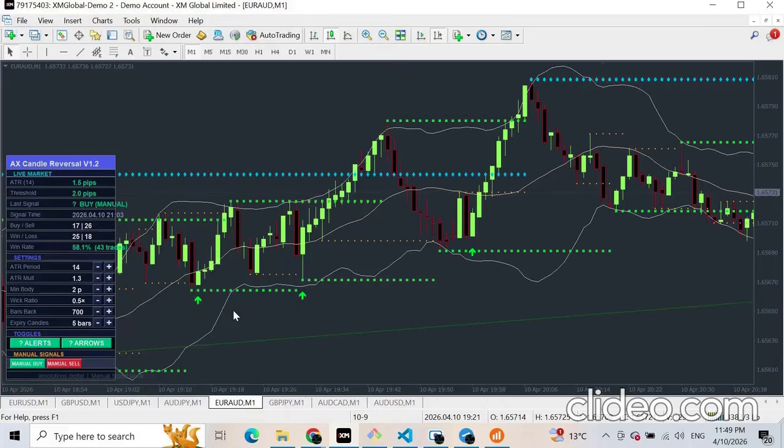Most of the time it's above 60%, 60 to 65%, and that's a good thing, right? In order to be profitable or break even, you need a minimum of 55%. So having a 60 to 65% win rate will always keep you in profit, and over the long run you will make a profit.